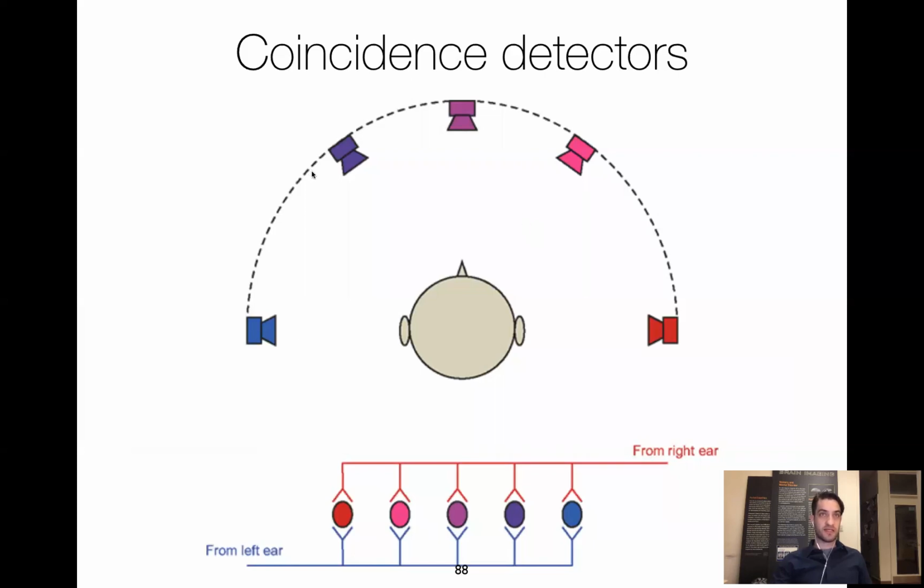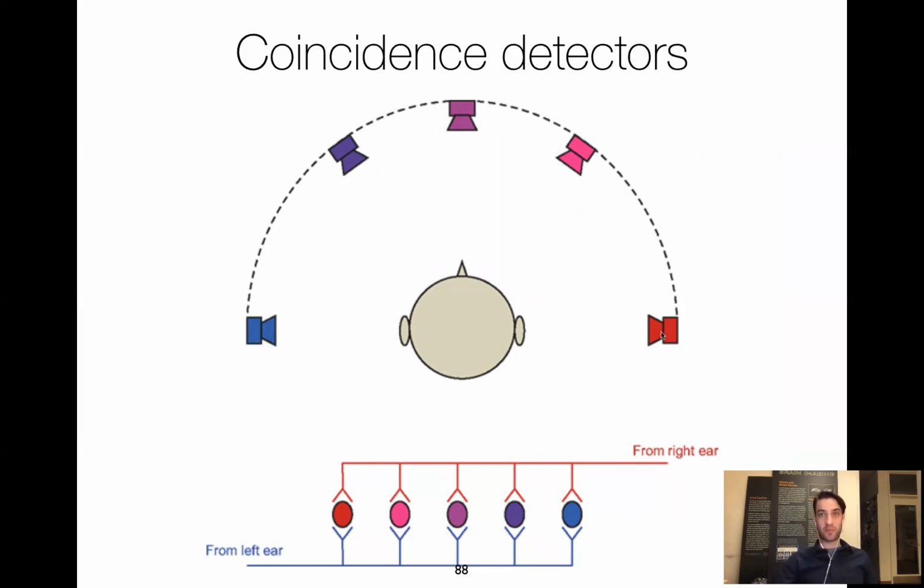You've got these different sound sources that are color coded here, the left side being blue, the right side being red, and so forth. So if a sound comes from the right side, it'll hit the right ear first, it'll get processed, it'll be going down this stream, and the signal won't make its way all the way down here until this blue one starts firing itself.